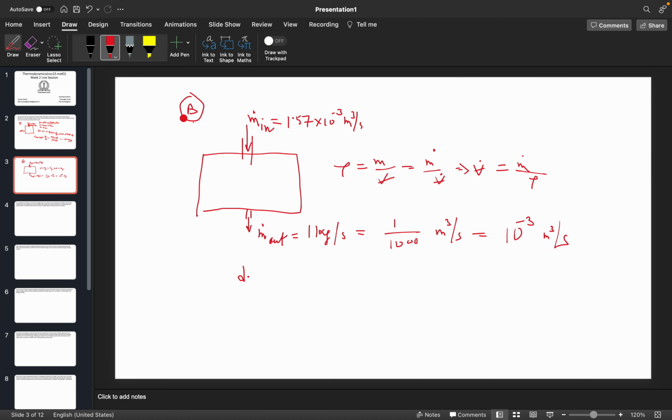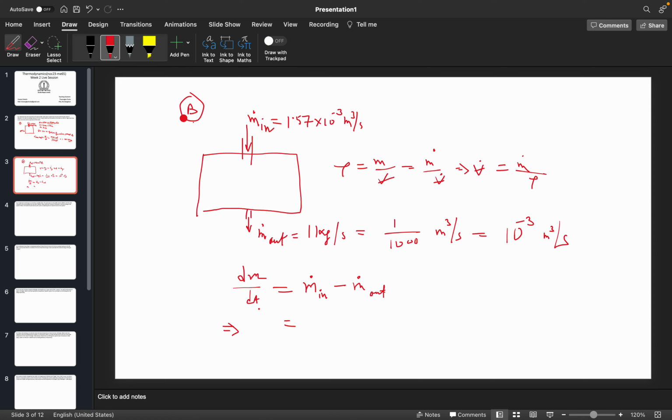If my dm by dt will be what? That is my mass that is stored here. The rate of storing of mass will be the total rate of inflow of mass minus outflow of mass. Remember, I'm putting all this in volume flow rate, so I can directly put it here as volume flow rate also, because density is constant in both the cases.